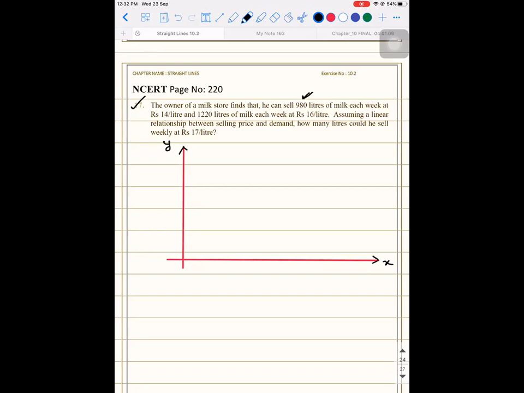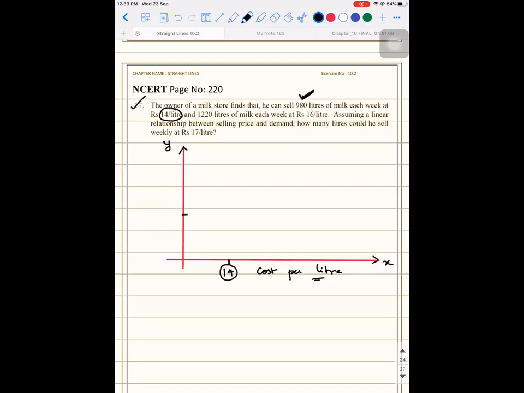He is able to sell 980 liters of milk every week at rupees 14 per liter. So if I take cost per liter here, then here it will be the number of liters. If he has to sell at rupees 14, how many liters is he able to sell? This is 14, guys, on the x-axis. 14 per liter.